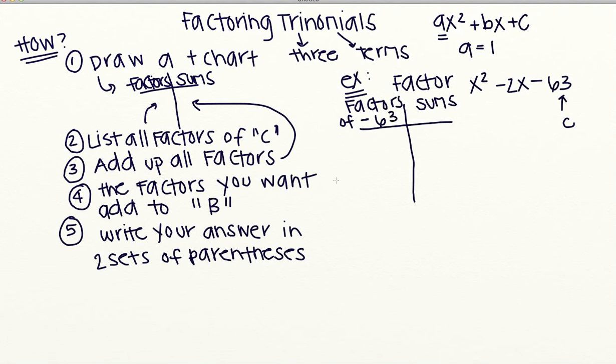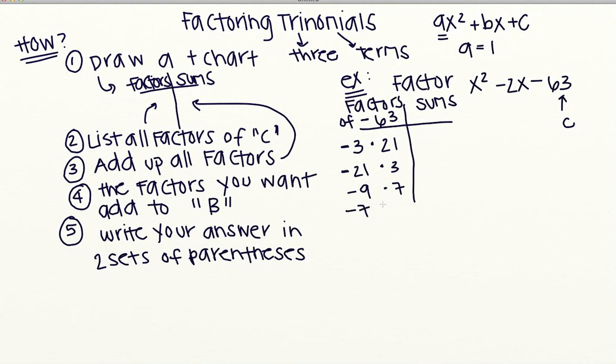Okay, now we need to remember our multiplication tables. So let's go through this together. What are things that you can multiply together to get negative 63? You can do a negative 3 and a 21. You can do a negative 21 and a 3. Negative 21 times 3 is definitely negative 63. You can do a negative 9 and a positive 7. That equals negative 63. Or you can flip that negative around and put it on the 7.